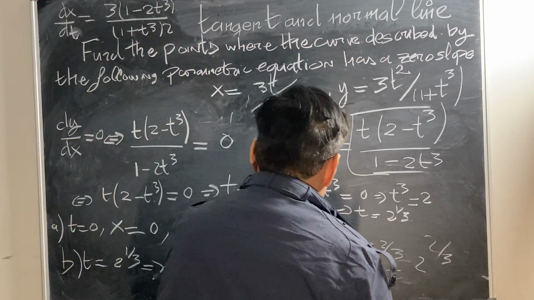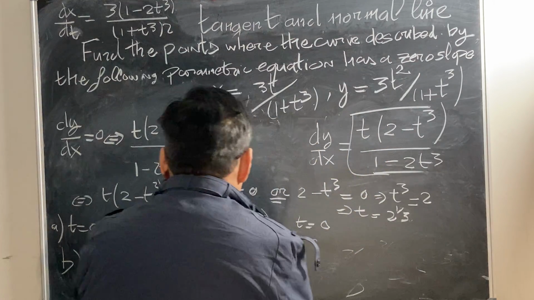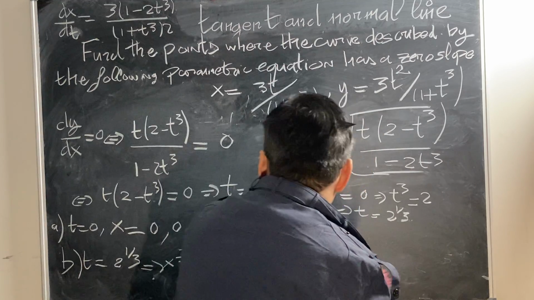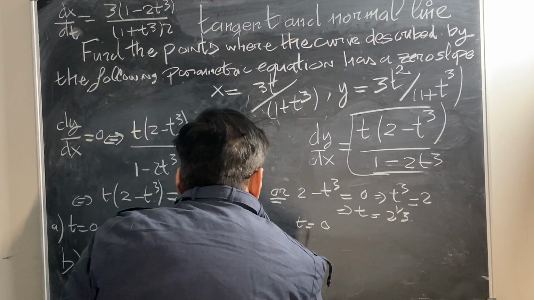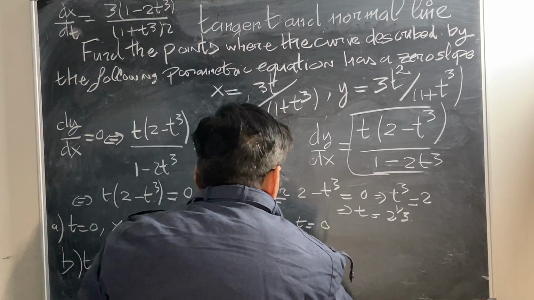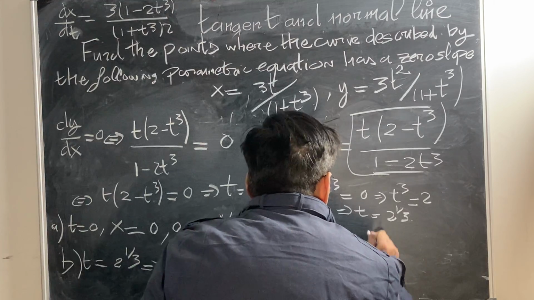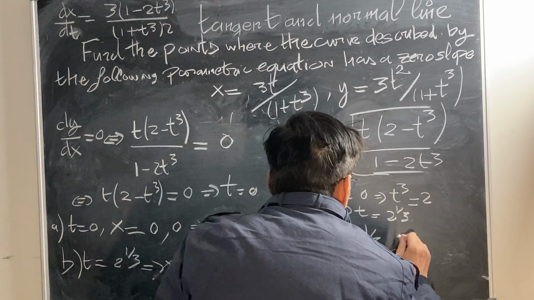So we have the second point, y equal to 2 to the 2/3. The second point will be (2 to the 1/3, 2 to the 2/3).